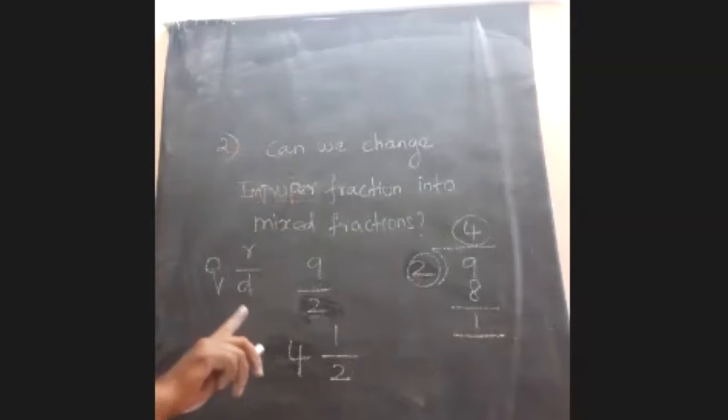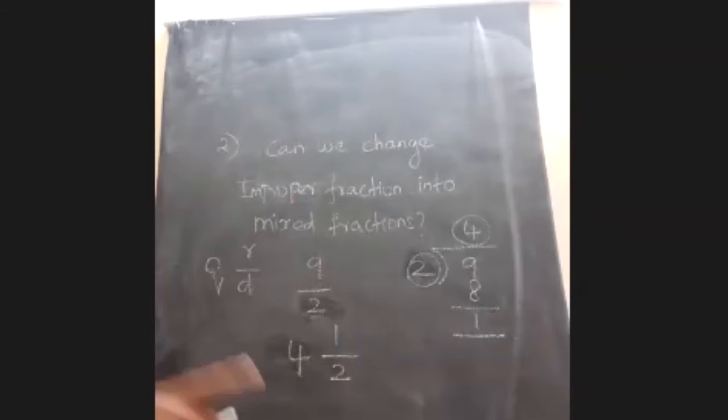But we can't change proper to improper, proper to mixed, or mixed to proper fraction. So these are the basics about fractions, types of fractions and some pictorial forms of fractions.